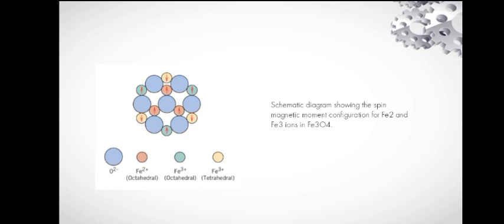That is, each Fe ion is surrounded by 4 oxygen nearest neighbors. For the other, the coordination number is 6, octahedral coordination. With the inverse spinel structure, half the trivalent ions are situated in octahedral positions and the other half in tetrahedral positions.